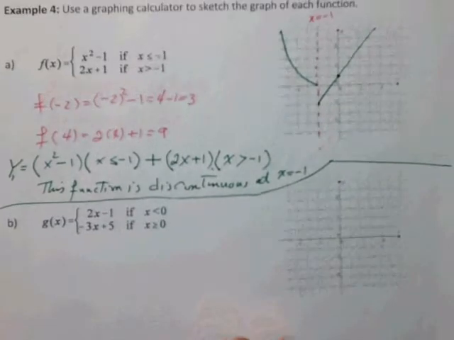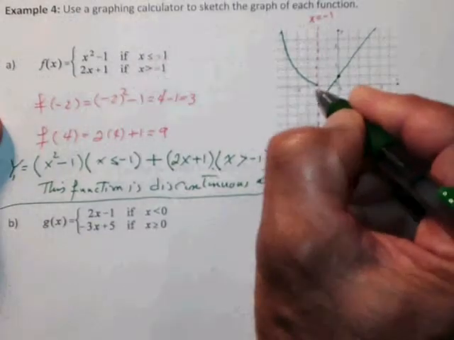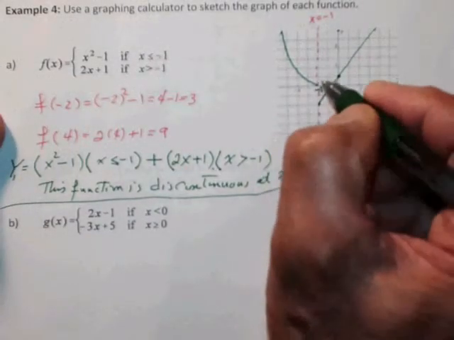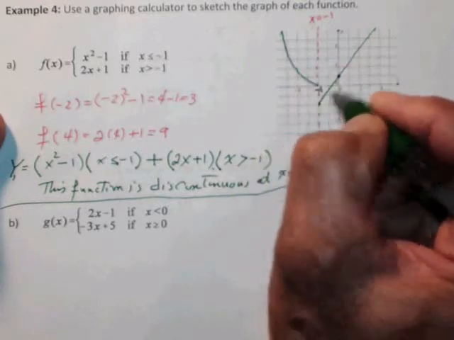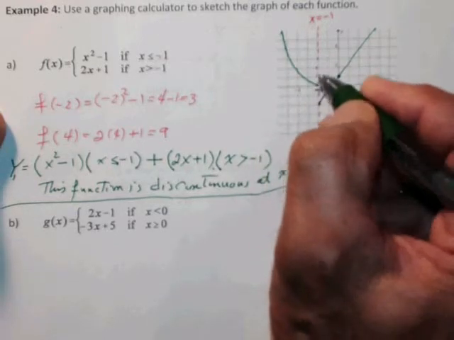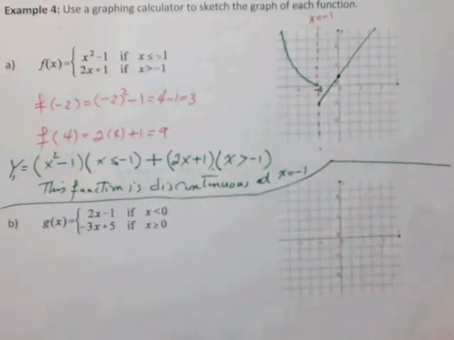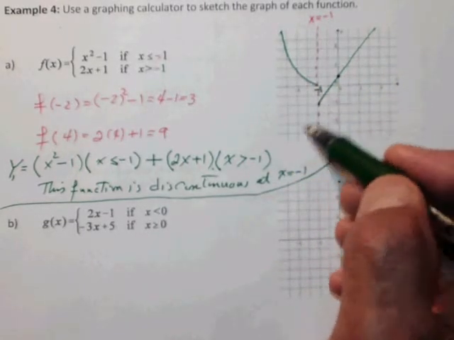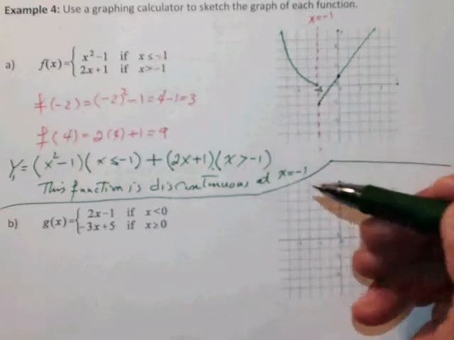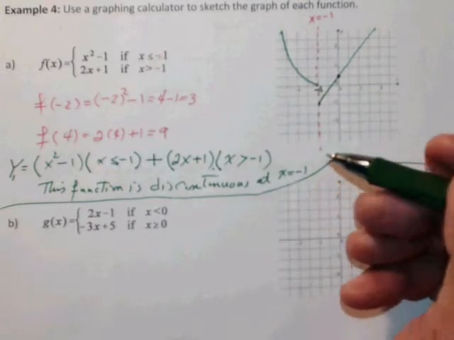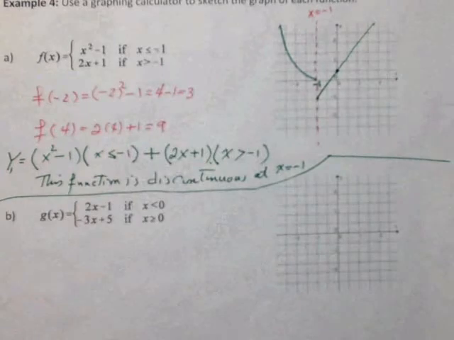Because as you can see, at x equal to -1, which is right here, you have one piece to the left, one piece to the right, and they are not attached to one another. In some situations they may be, and then we say it's continuous. But in this particular case, this function is discontinuous. Okay? So this is how you do a piecewise function on your graphing calculator.